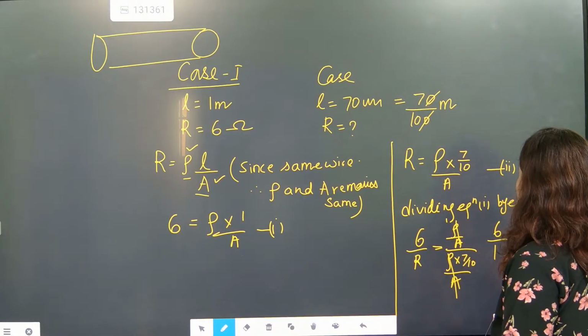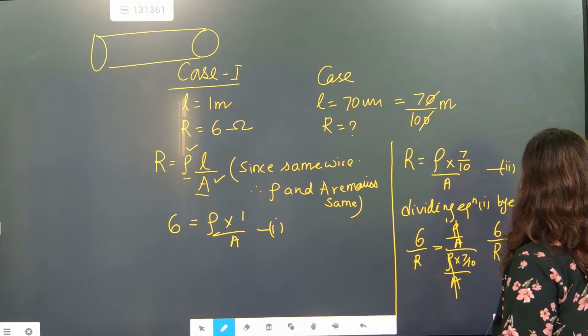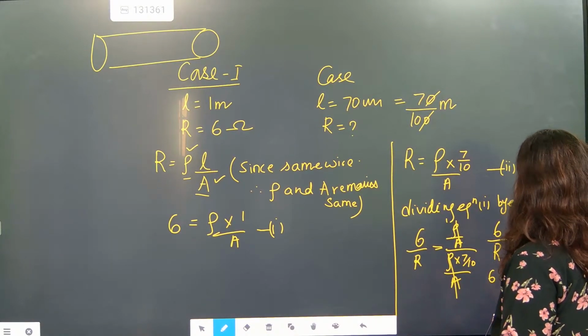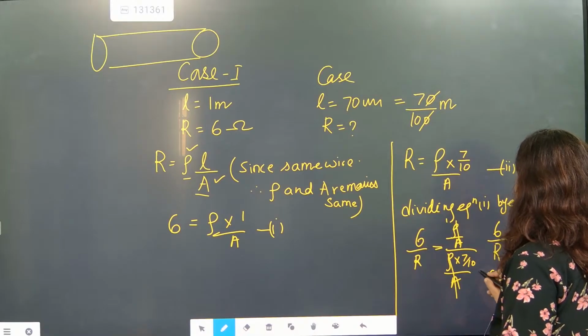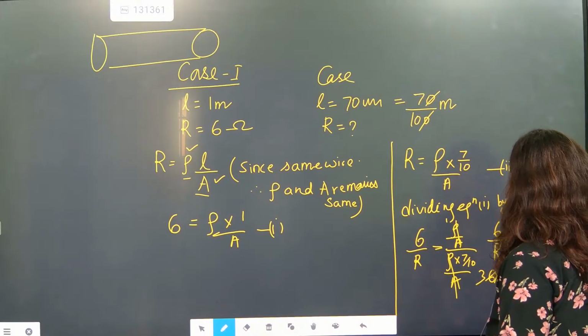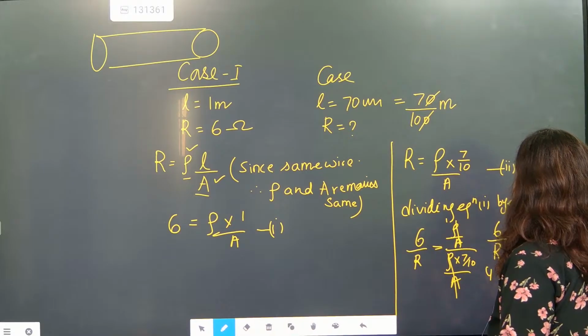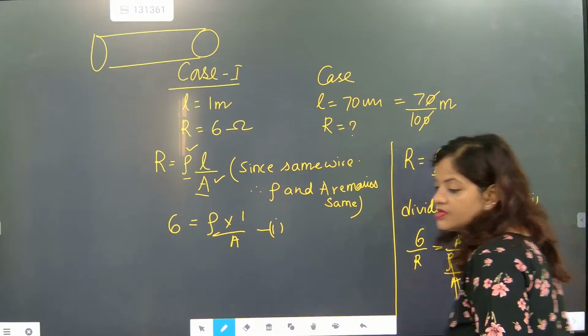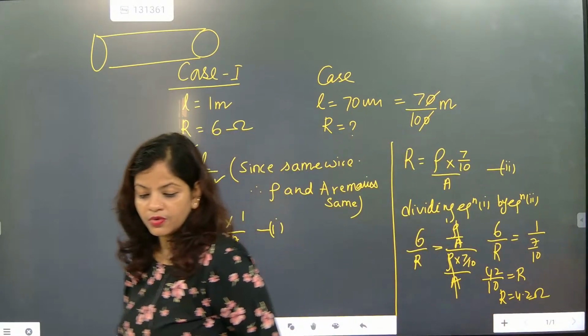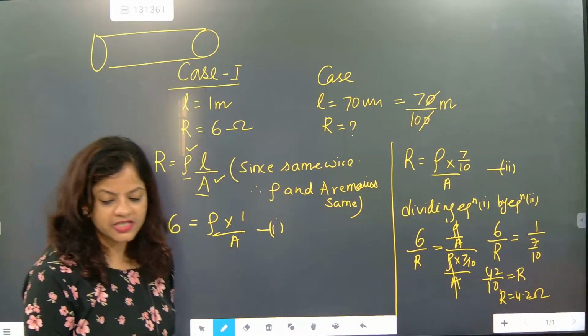So 6 by R is equal to 1 by 7 by 10. So it will become 6 into 7 by 10 is equal to R. So 6 sevens are 42, by 10, is equal to R. So R is equal to 4.2 ohm. How much will R come? 4.2 ohm. Understood?